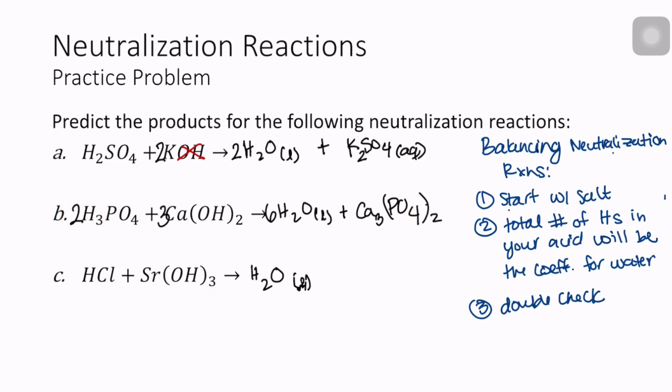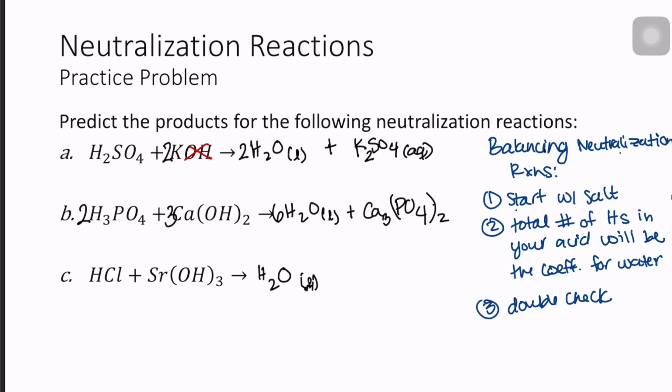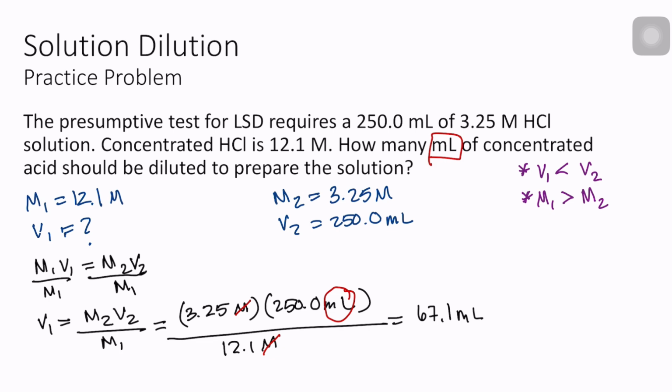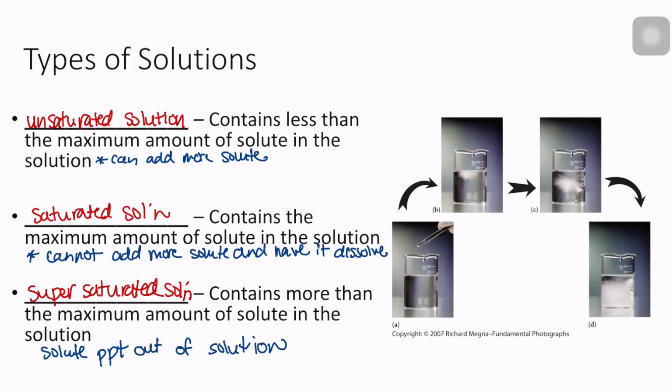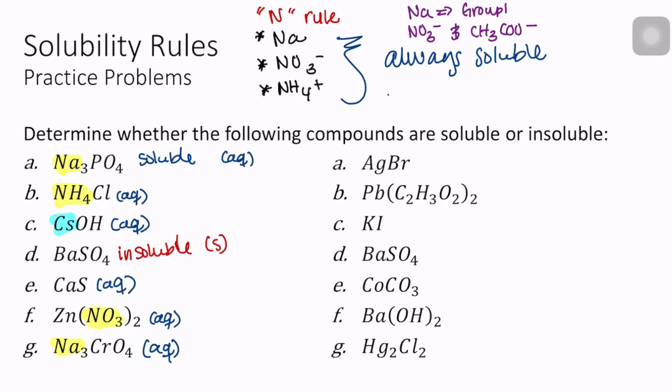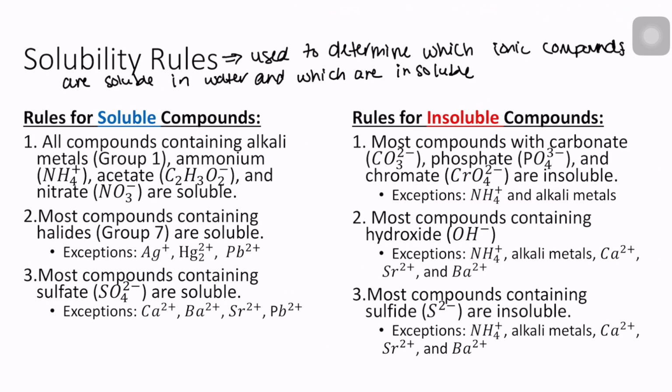Now, the last thing I need to do is find out the state of calcium phosphate. So calcium phosphate is not something we can use the end rule for. So let's go back to our solubility rules. When we look at our solubility rules, I see phosphate right here.